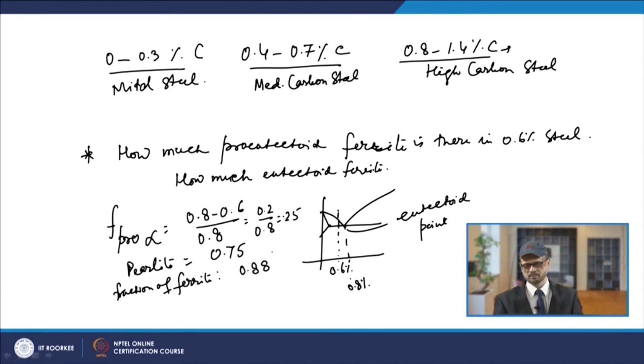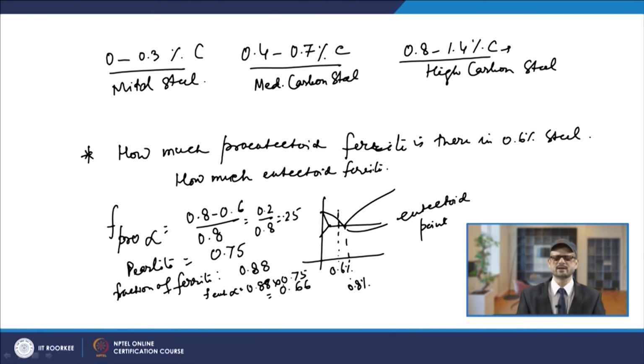So, the ferrite formed in the pearlite, that is eutectoid ferrite, will be 88% of 0.75. So, eutectoid ferrite will be 0.88 into 0.75, which is about 0.66.